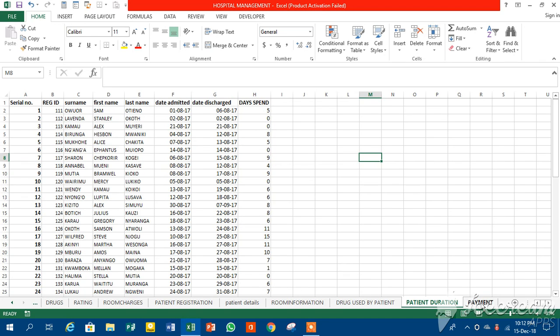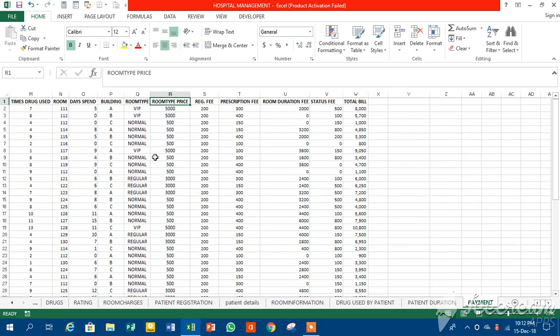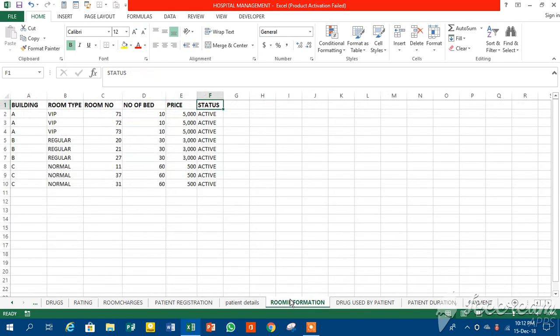We go to our last sheet, that is the payment sheet. In this sheet, we will look at the column of the room type price. As we saw earlier in the room information sheet, the rooms are based on the living standards of the patients.